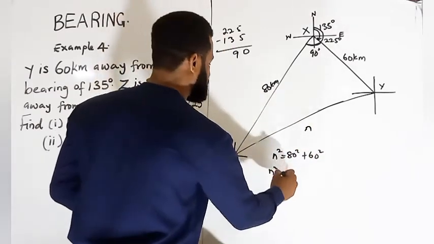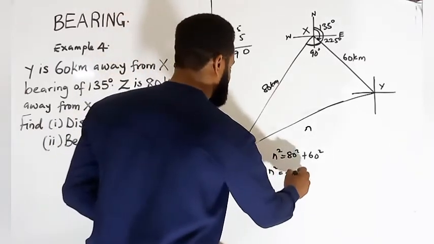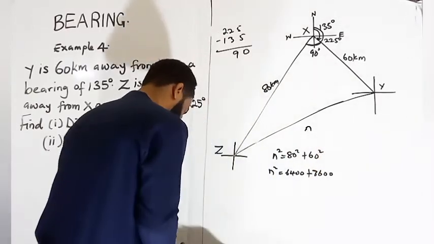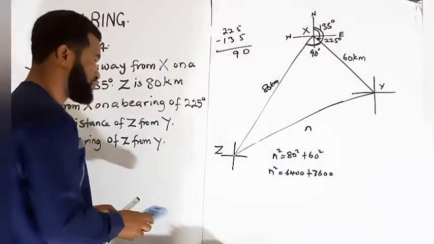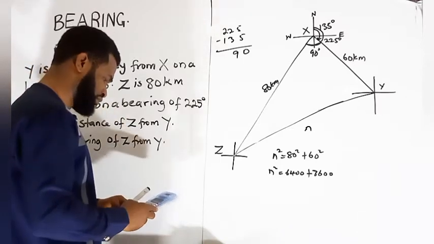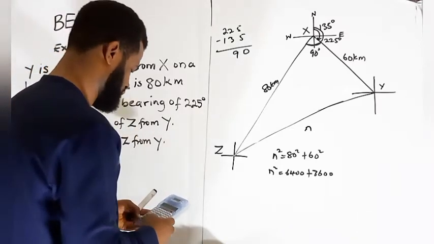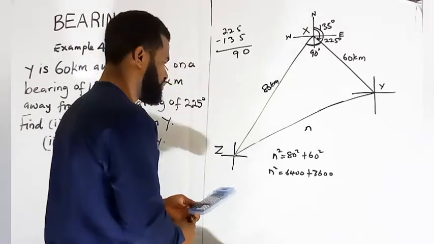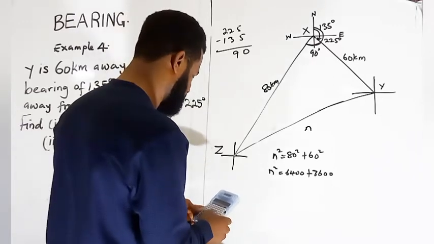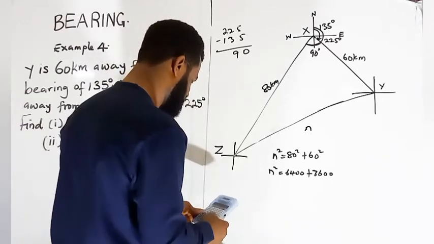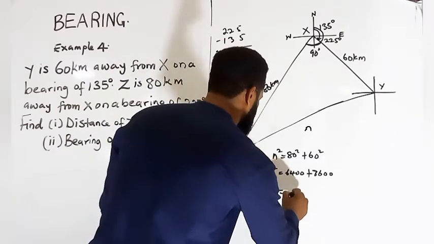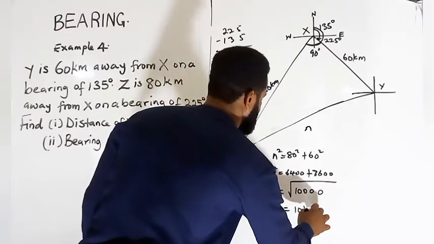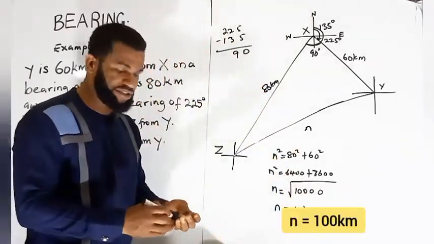So N square is 6,400 plus 3,600, which is 10,000. N is equal to square root of 10,000. N is 10 kilometer.